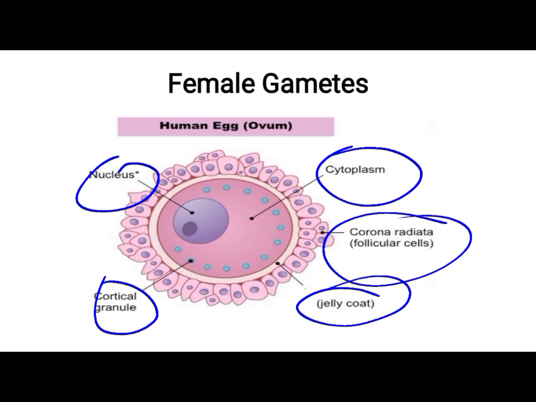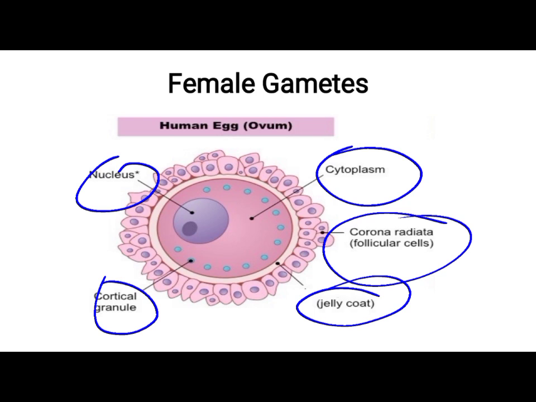That means the body of the female will reject such an embryo that is formed. But the cortical granule contains enzyme and secretions that will help to prevent that, and it will do that by changing the structure of the egg once a particular sperm has fertilized the egg, so that another sperm does not penetrate to fertilize the egg.